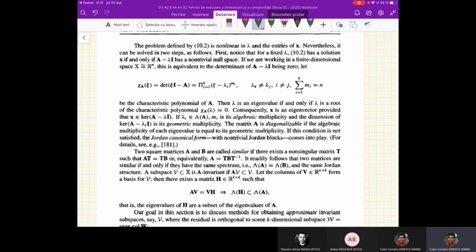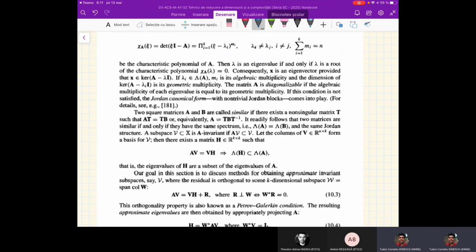This is the characteristic polynomial of A. Then lambda is an eigenvalue if and only if lambda is a root of the characteristic polynomial. We know that. This is just a recollection. Consequently, the eigenvector is a member of the kernel of the matrix A minus lambda I.